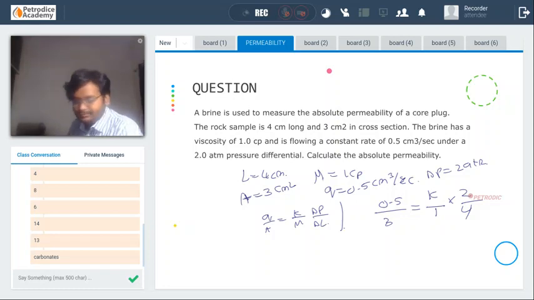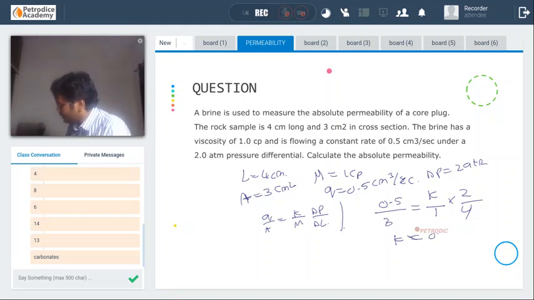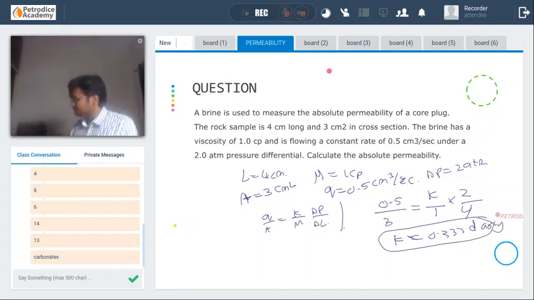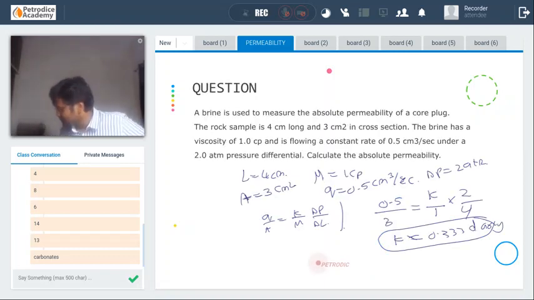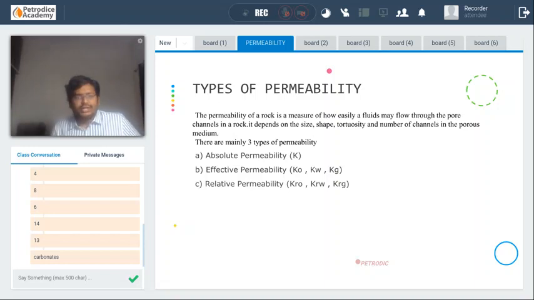So the answer will be K is equal to 0.333 Darcy, that is K is equal to 1 by 3 Darcy. Okay, it's a very easy question, guys. So write down the next one.